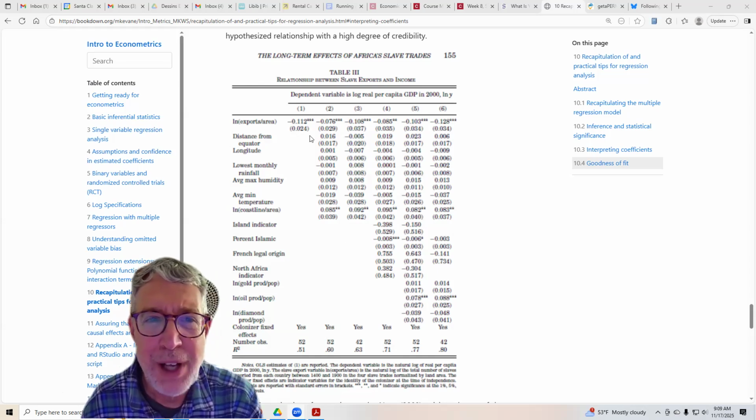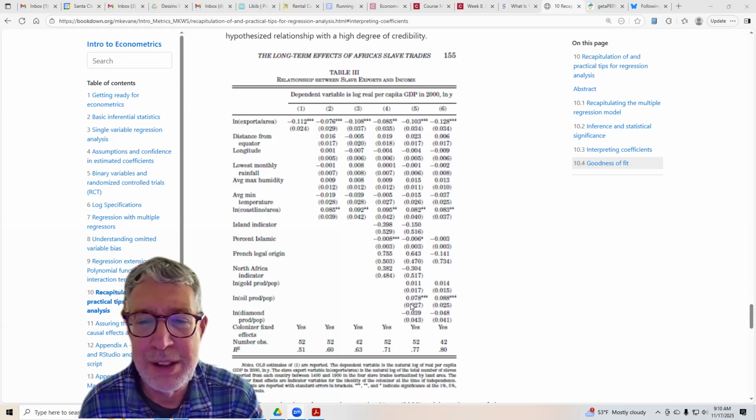As we move on to other specifications, we have some dummy variables, some log variables, and some percent variables. We have a dummy variable for whether the legal origin was France, a dummy variable for whether it's North Africa, the log of gold production, and the log of oil production.